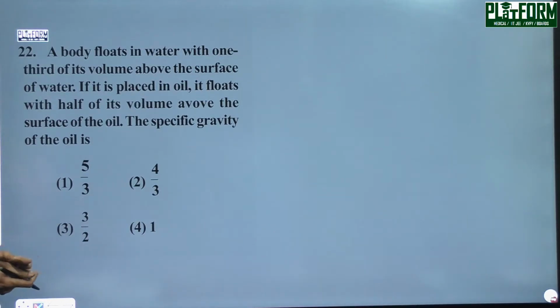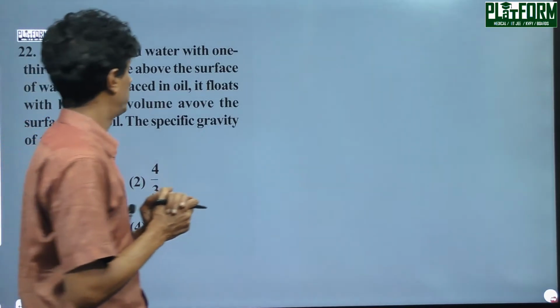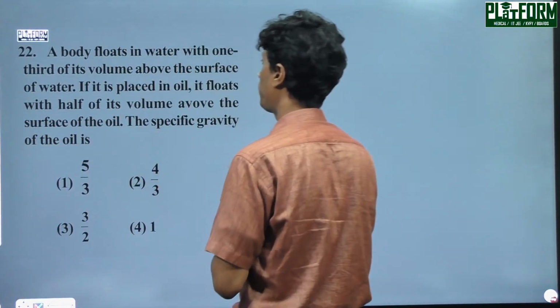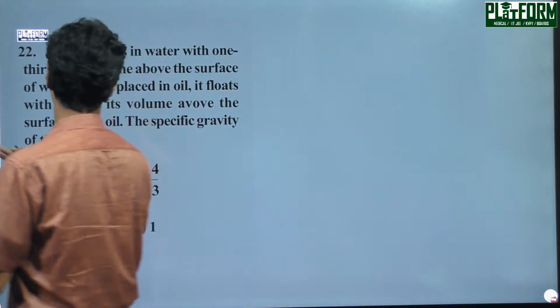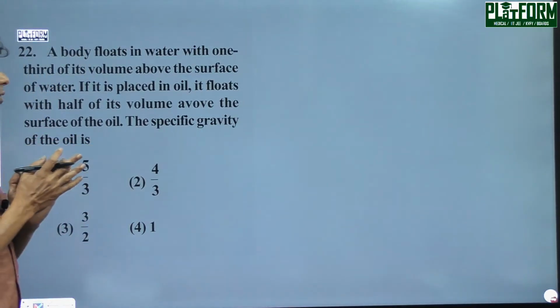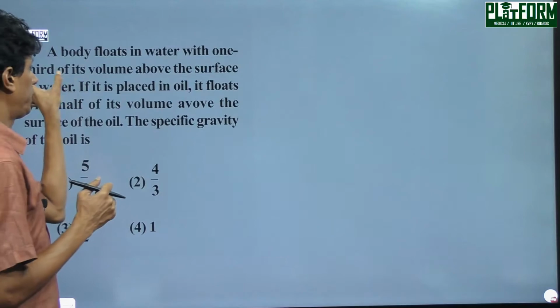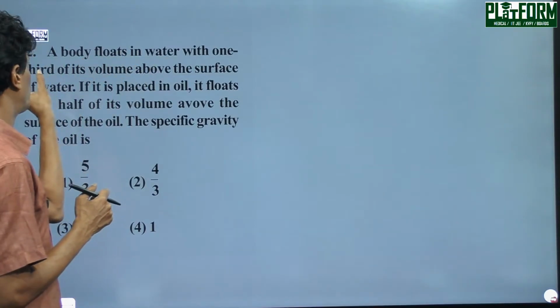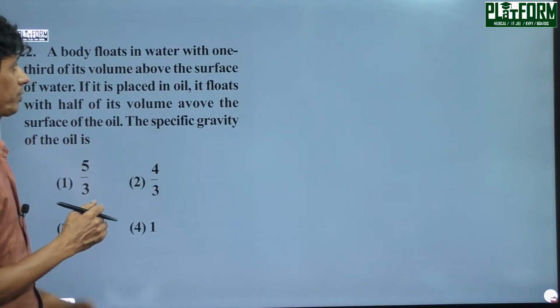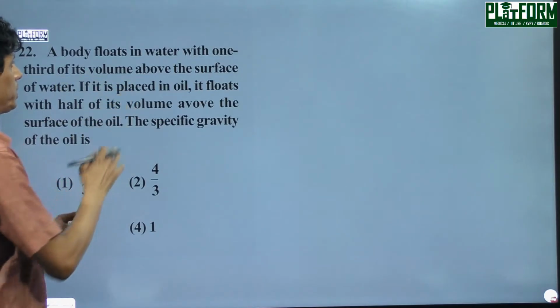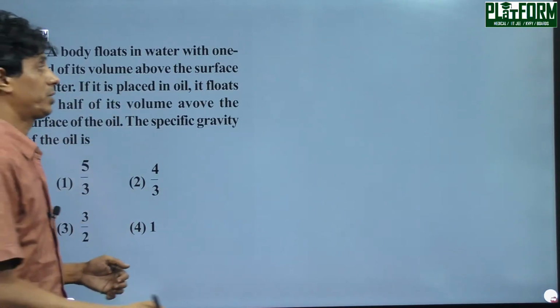Question number 22. A body floats in water with 1/3 of its volume above the surface of water. If it is placed in oil and it floats with half of its volume above the surface of oil, find the specific gravity of the oil. A body floats in water with 1/3 of its volume above the surface.